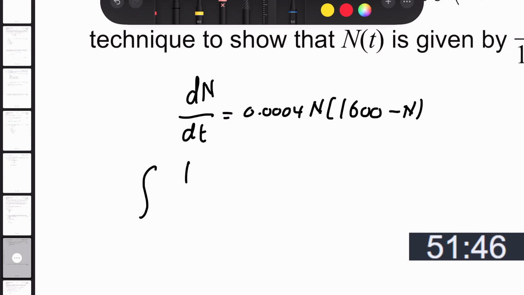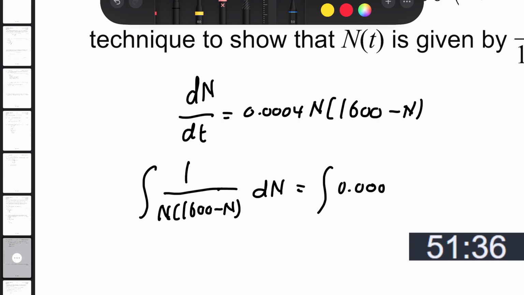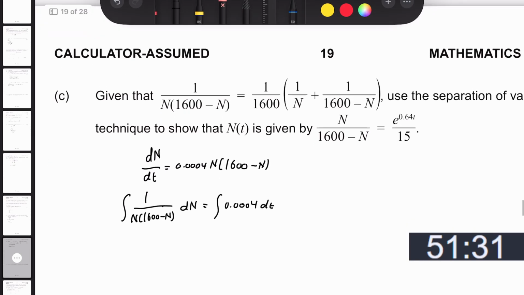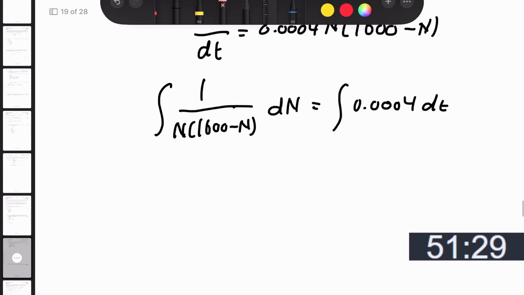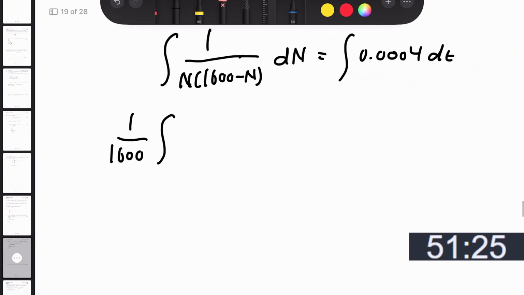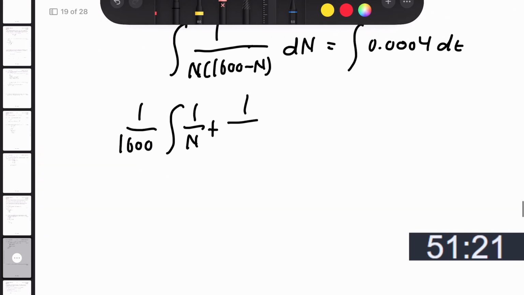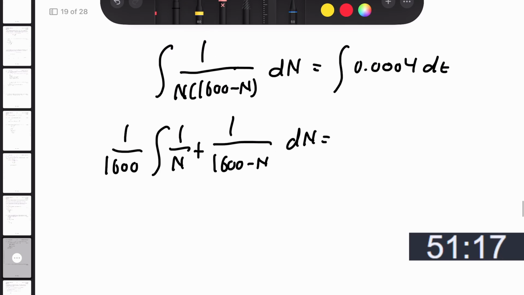I'm going to have 1 on n(1600 minus n) dn equal to 0.0004 dt. So this is 1600 times (1 on n plus 1 on 1600 minus n) dn.